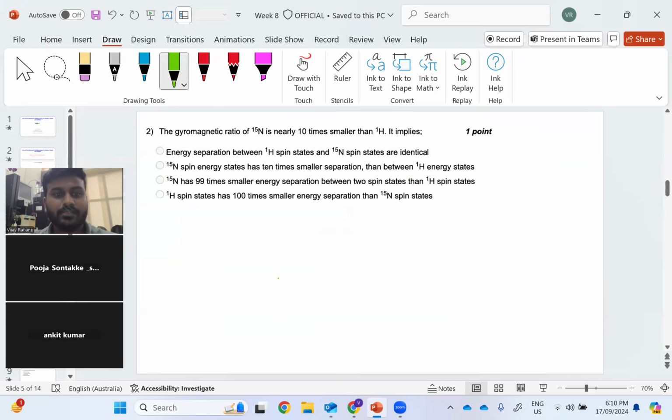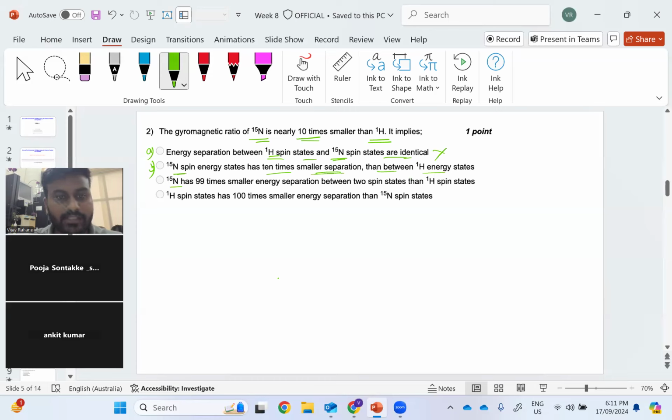Moving to the next question: the gyromagnetic ratio of nitrogen 15 is nearly 10 times smaller than that of 1H. As a result, option A says the energy separation between the 1H spin states and the 15N spin states are identical. This is wrong because they are not identical. Option B says the 15N spin energy states have 10 times smaller separation than the 1H energy states.